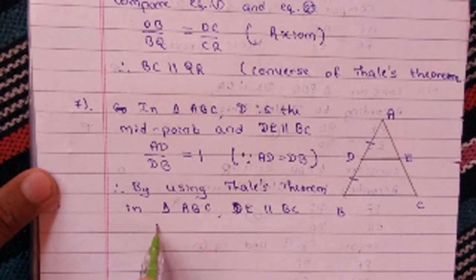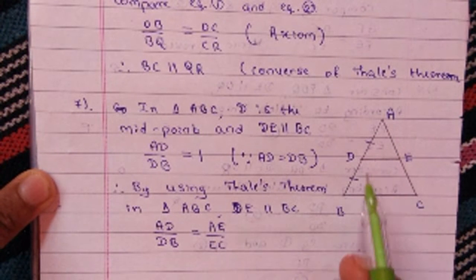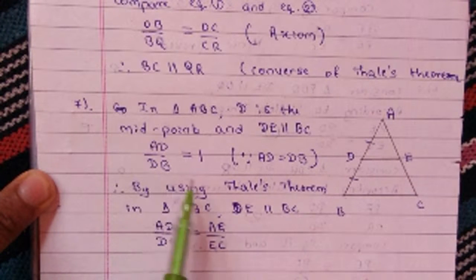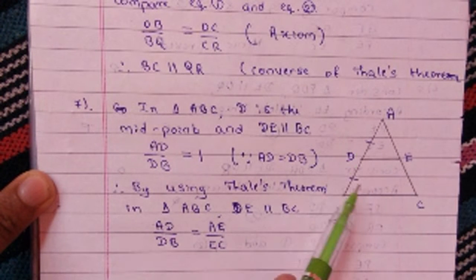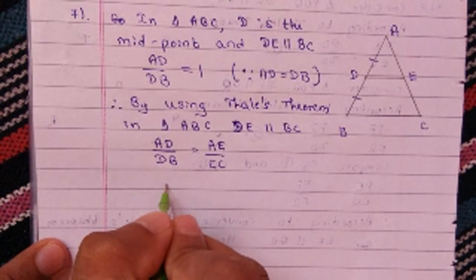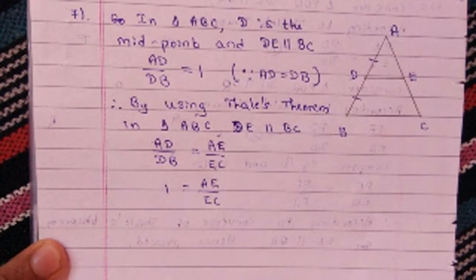According to the ratio, AD divided by DB equals AE divided by EC. Since AD equals DB, that is 1, it becomes 1 equals AE divided by EC.